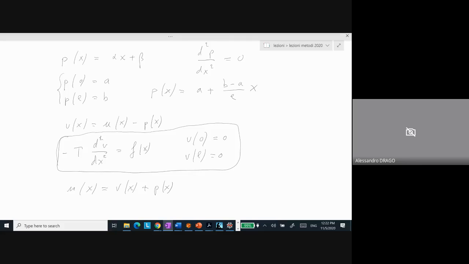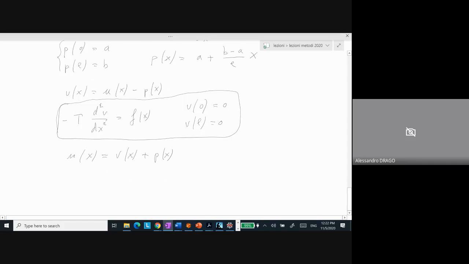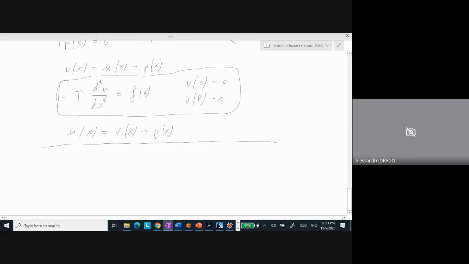Okay, let's start from the following problem. As I said, we are concentrating on the homogeneous equation, but this was time independent. Let's go back to the time dependent problem. So let's consider the following problem to be clear.